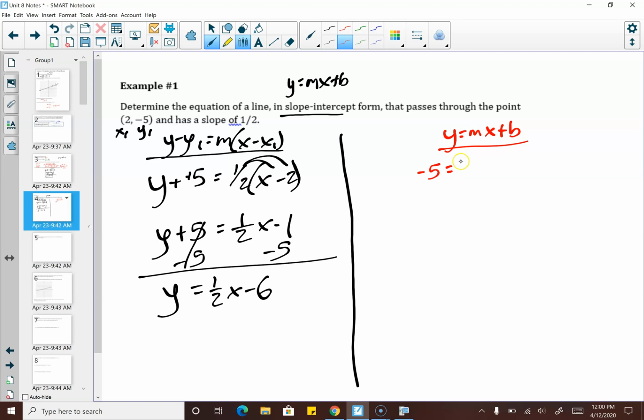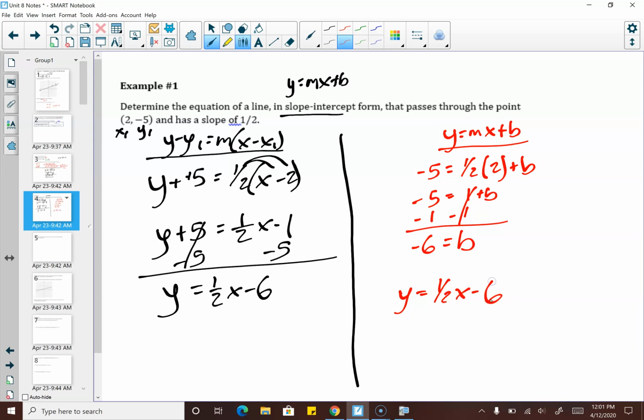So the -5 will go in for y, the 1/2 will go in for m, the 2 goes in for x, and then we are plus b. So -5 equals 1/2 times 2 is 1, plus b, minus 1 minus 1. -5 minus 1 is -6. So there's our b, there's our y-intercept, and then we would have y equals 1/2 x minus 6.